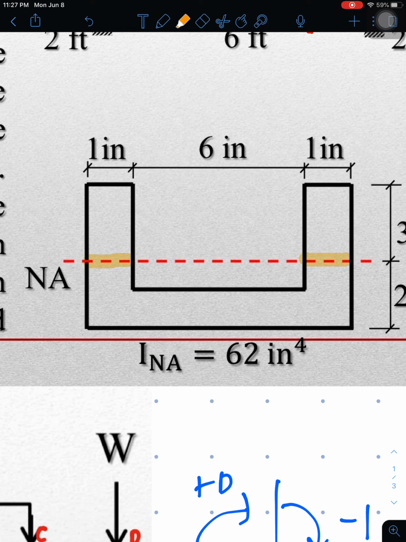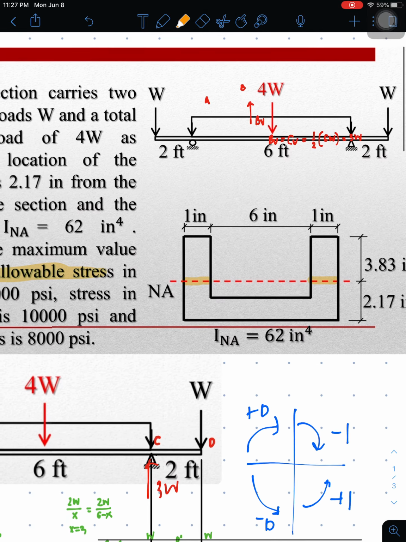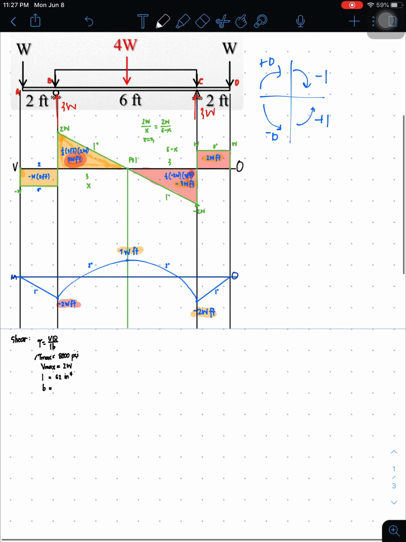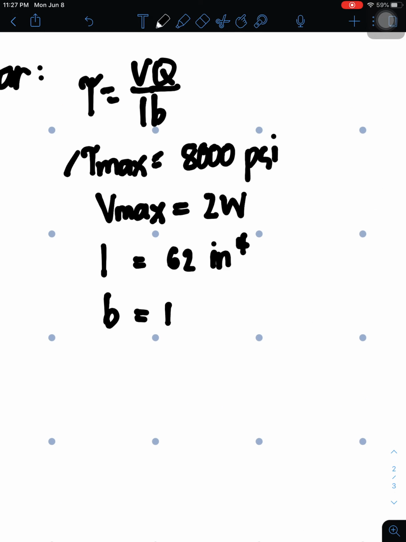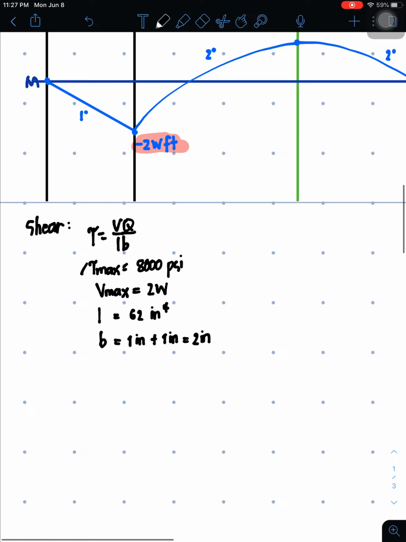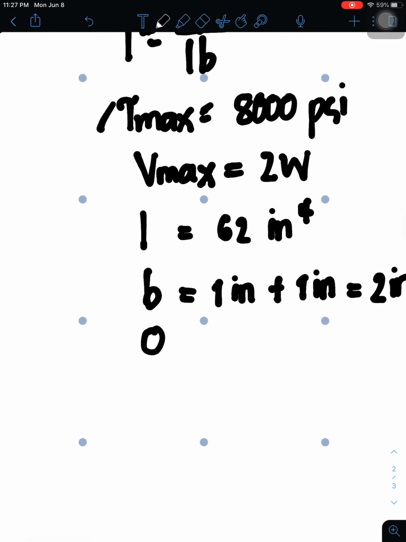So how much is our base? It's the addition of 1 inch on the left side and 1 inch on the other side. So it's 1 plus 1. So you have 1 inch and another 1 inch. So that's 2 inches.